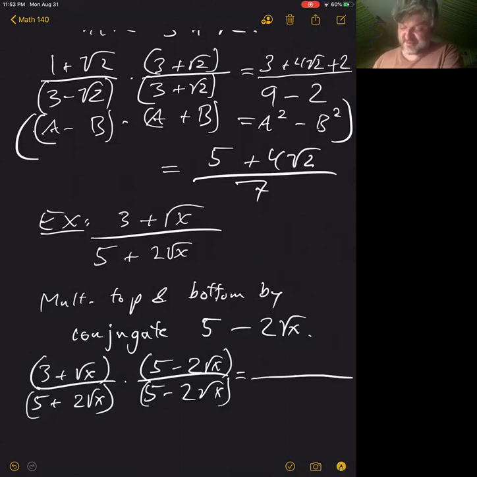And in the denominator, we have the same pattern as before, except this time the a plus b comes first, but that doesn't make a difference. It's still a squared minus b squared, which is 25 minus 4x.